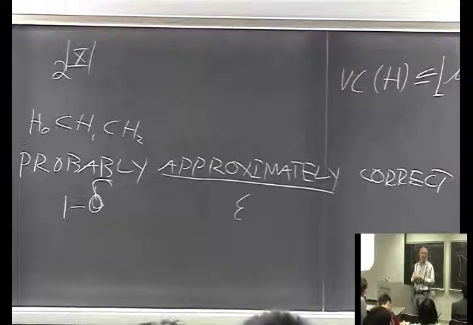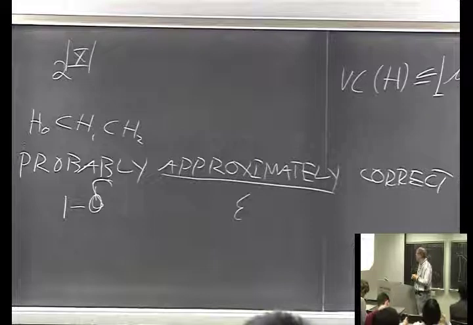Until then, machine learning was pretty much a heuristic-based discipline. You tried things, and maybe they worked, maybe they didn't, maybe you showed that they worked most of the time, but you couldn't prove anything about them. So it was quite a paradigm shift.